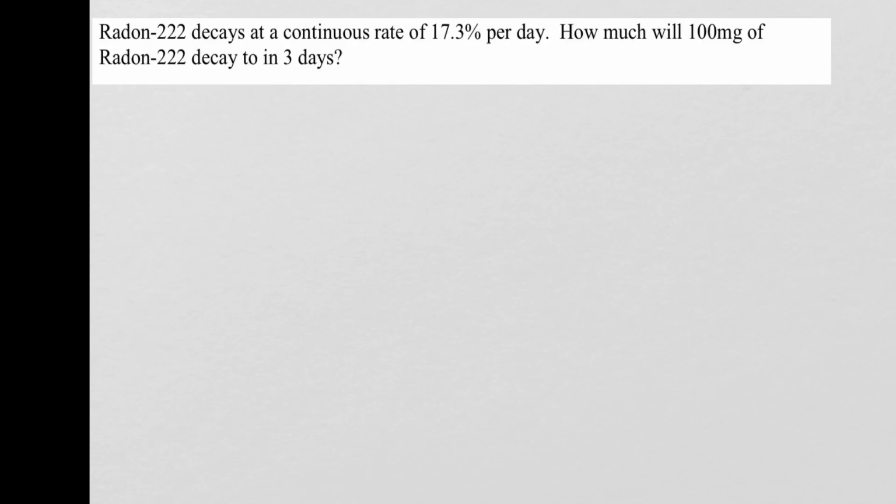Okay, so our general equation is going to be, first of all, we know it's undergoing exponential decay, right? So we have our general function for exponential growth or decay is f of x is equal to A e to the Rx. Why do I use that formula? Because it's continuous, right? It says a continuous rate of 17.3%.